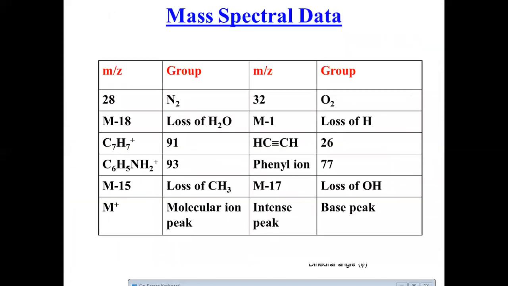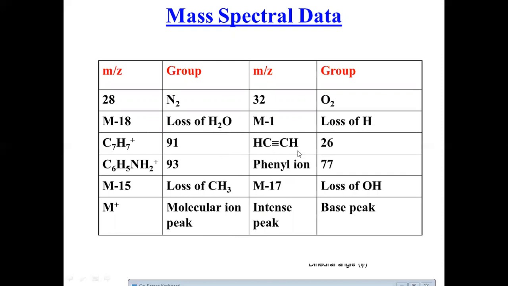The ultimate technique for organic compounds is mass spectral data. Here, the molecular ion peak will give you information regarding the molecular weight and molecular formula. The most intense peak will be the base peak, which is due to the stable carbonium ion that is formed. M-18 means loss of water.